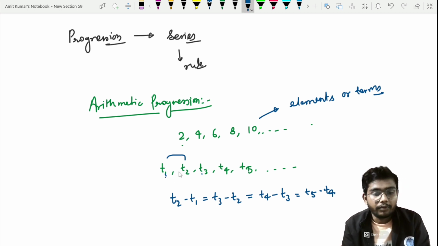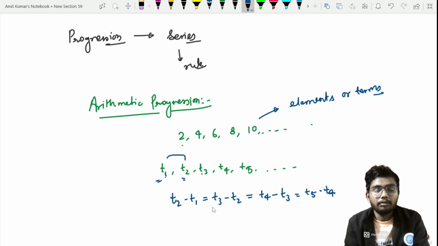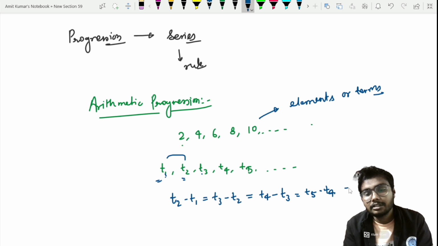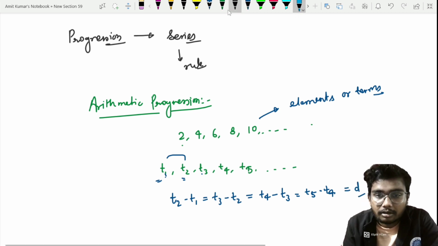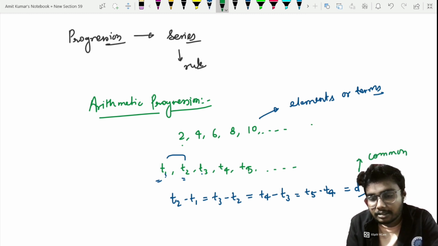Whenever we subtract a term from the next term, like T2 from T3, whatever number we get should be equal. Let's suppose that is equal to D. This D is called the common difference.